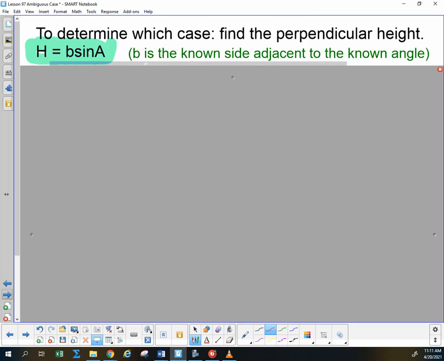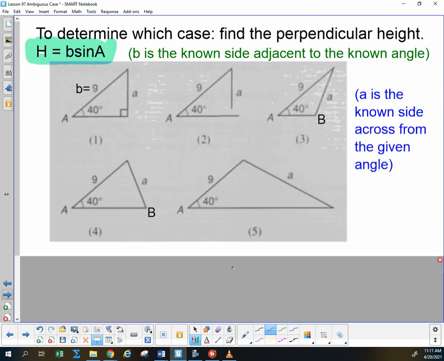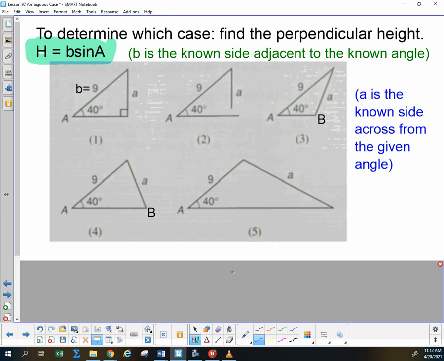So here are those same pictures again. And no matter which one of these I did, if I ended up with a right triangle, this would be the height of that triangle. It would happen to be the same as that opposite side. I'm not going to worry about the one that isn't a triangle because I don't know how to talk about the height of one that isn't a triangle.